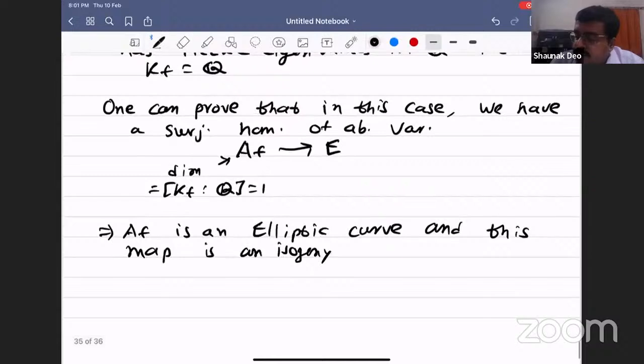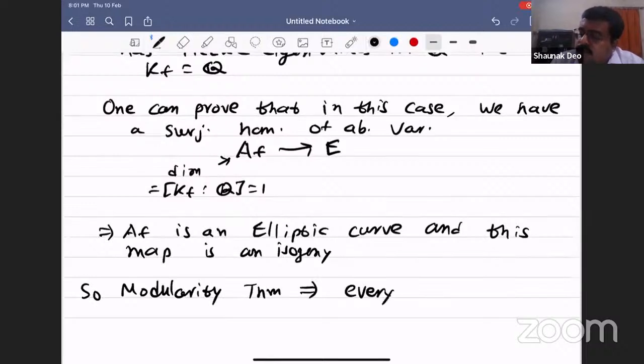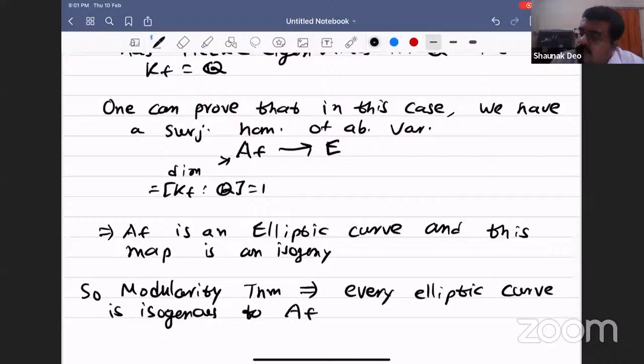So the modularity theorem says that every elliptic curve is isogenous to AF for some F belonging to S2 of gamma naught of N with rational Fourier coefficients.